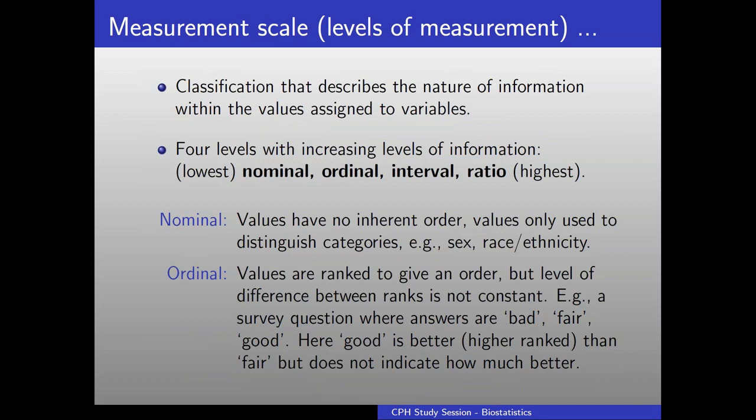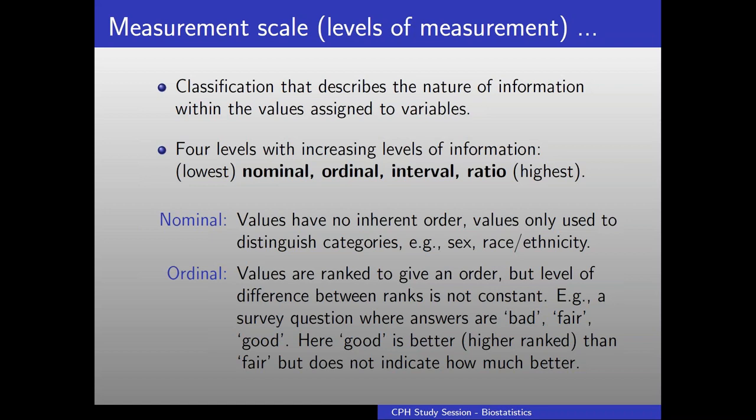All right. So we talked about measurement scale just briefly, but measurement scale is the level of measurement or a classification that describes the nature of information within the values assigned to variables. Essentially, a measurement scale, at least in this context, is how much information or what type of information is contained in your measurements or your variables.